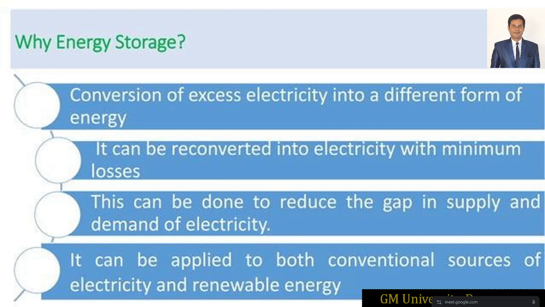So these are the different forms of energy conversion, right? Please look at the various strategies, how conversion can happen to make the generation, all right? And also you should think about how it can be reconverted into electricity with minimum loss, right? So this can be done to reduce the gap in the supply and the demand of electricity.